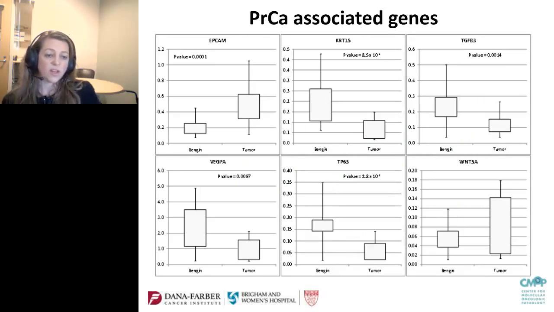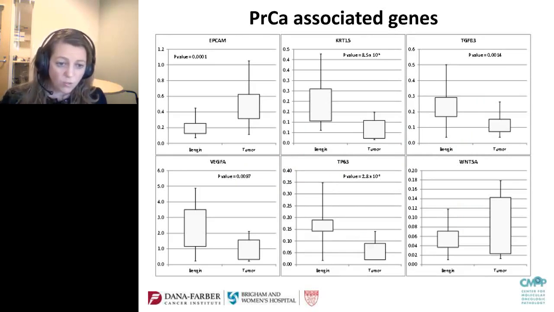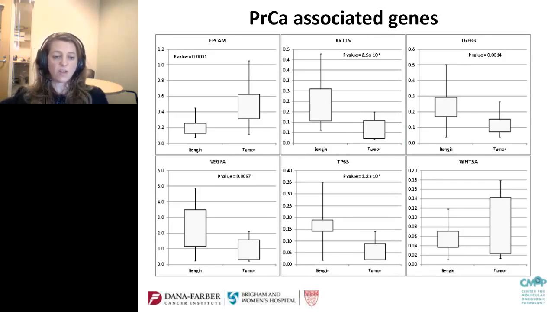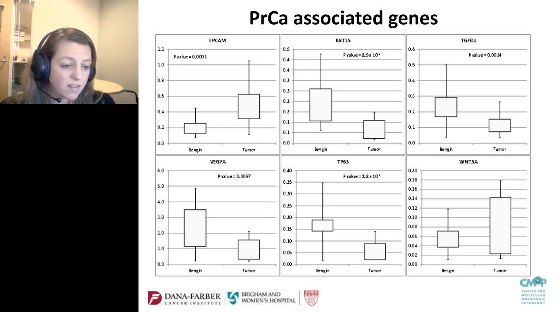When you look at the tumor and benign populations and generate some statistics and box plots on these, you can see that in 5 out of the 6 cases we had statistically significant differential expression.